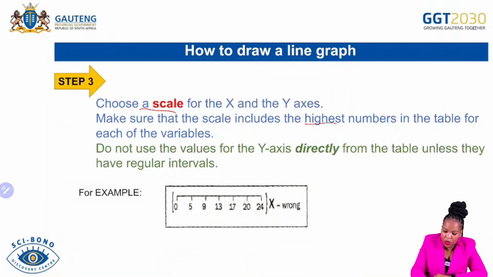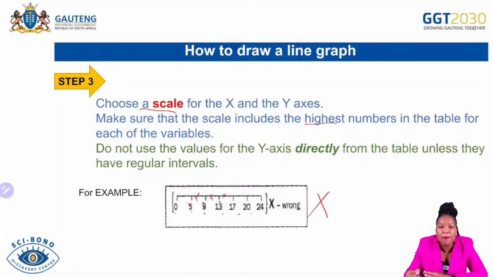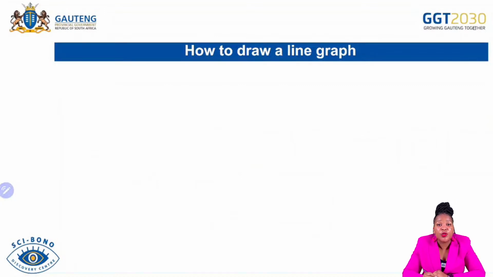So for example, if you are going to plot that data as 0, 5, 9, 13, 17, 20, this is wrong because the space between 0 and 5 is not equal to the space between 5 and 9 or 9 and 13. So you must find intervals that are equal. Work in multiples. You can use multiples of 5. They will include all the numbers. So please make sure that you choose a suitable scale for the data that you are given.